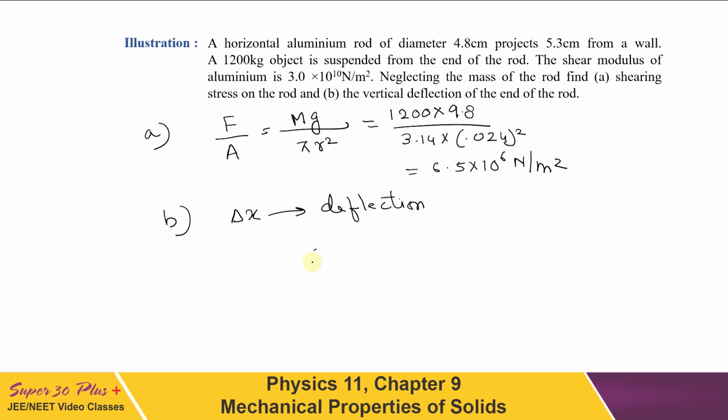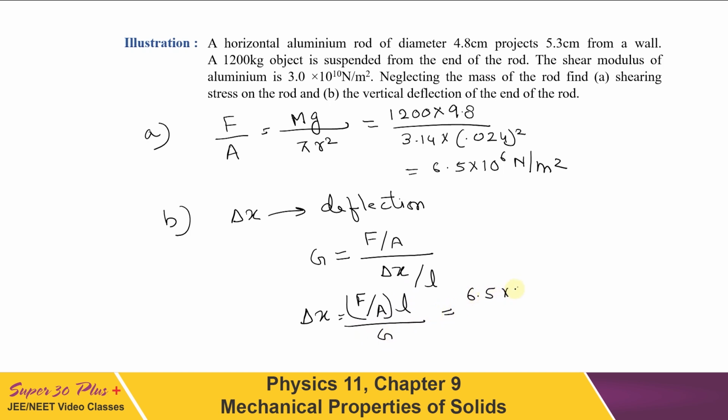So we can write now shear modulus of rigidity G to be equal to F by A upon delta x upon L. So from here we will get delta x to be equal to F upon A multiplied with L upon G. And on substituting all the values, it will be 6.5 into 10 to the power 6 into 0.053, and this whole divided by 3 into 10 to the power 10.